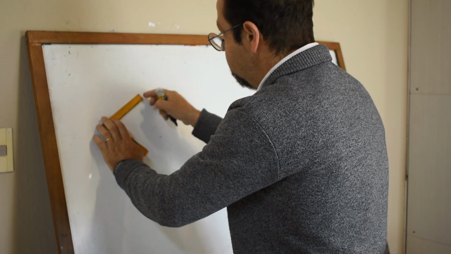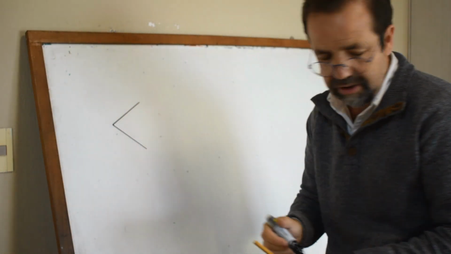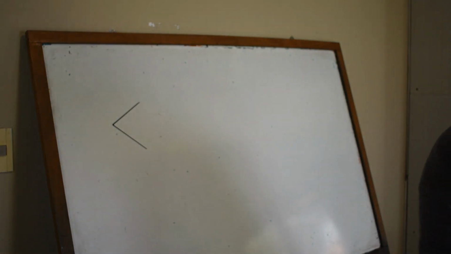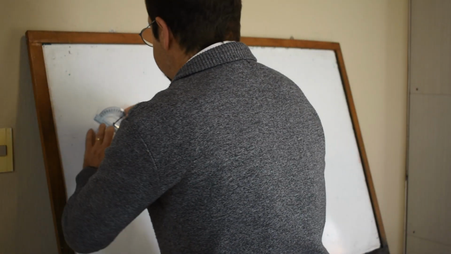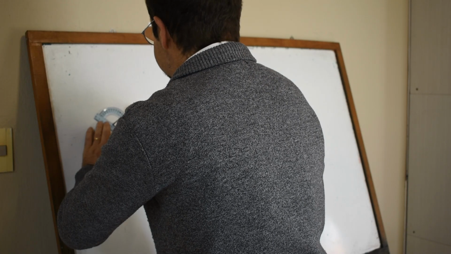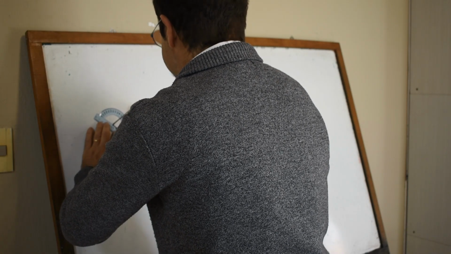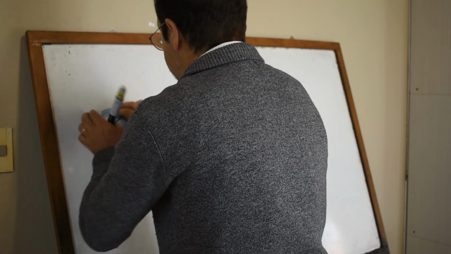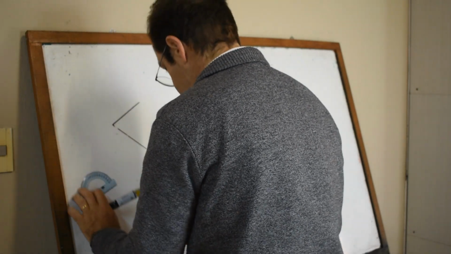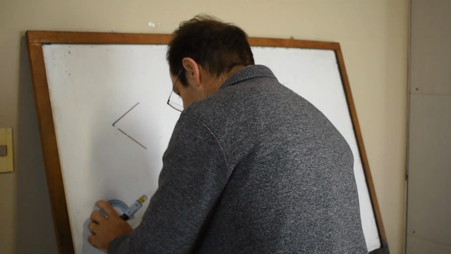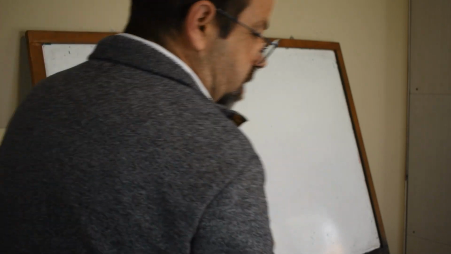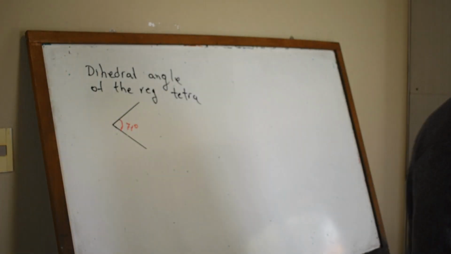Even if the bodies are on cardboard, it works pretty well. So this, I'm going to get 70, I got 71 degrees. 71 degrees. And now we are going to do the same thing with an octahedron.